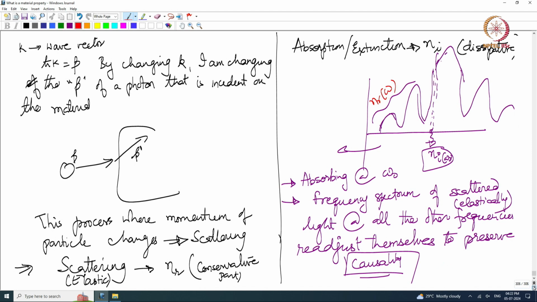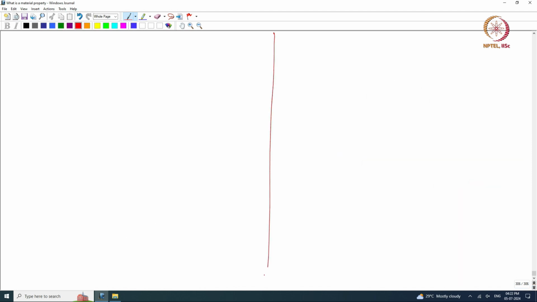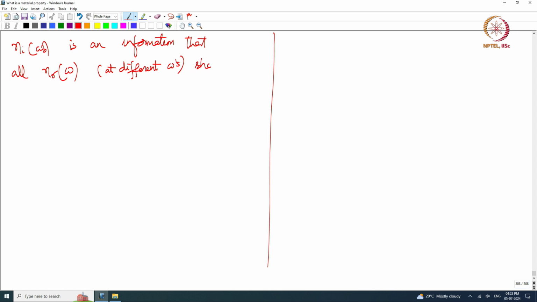So that I have an Ni at omega naught, that I have an absorption or extinction at omega naught, is information that all the Nr's at different omegas should know, right. So that I have an absorption at some frequency is known to the entire frequency spectrum.